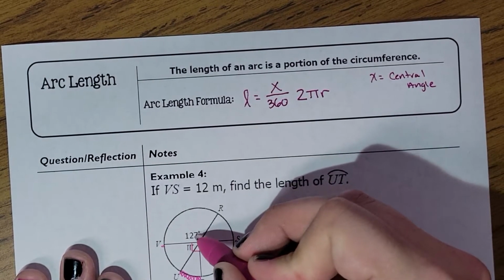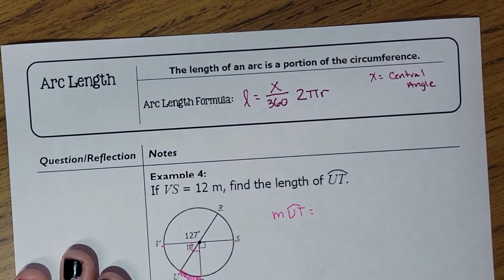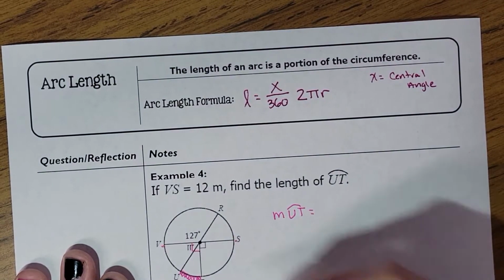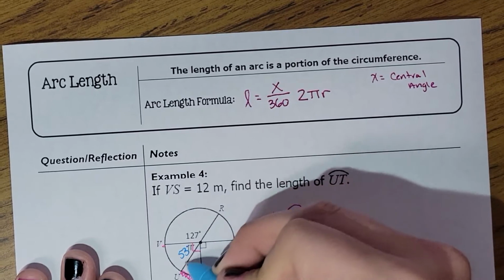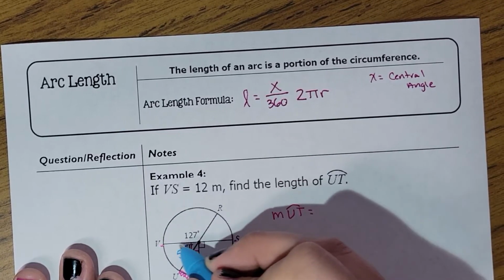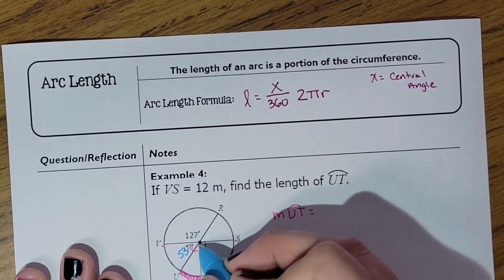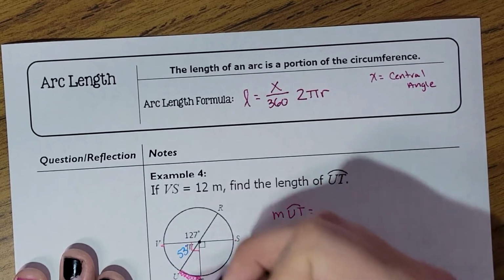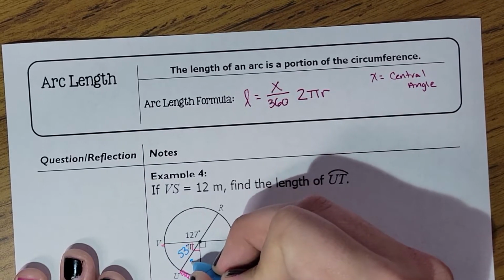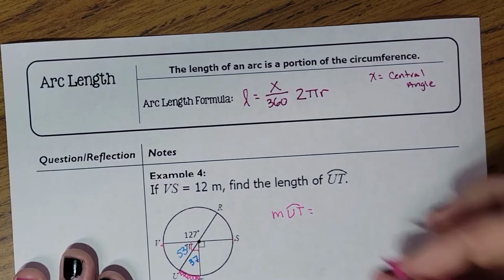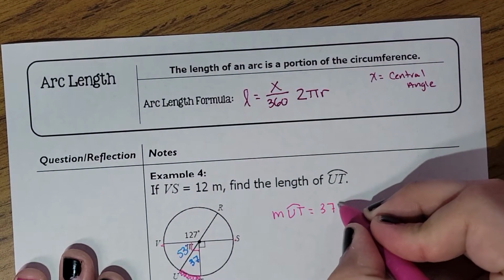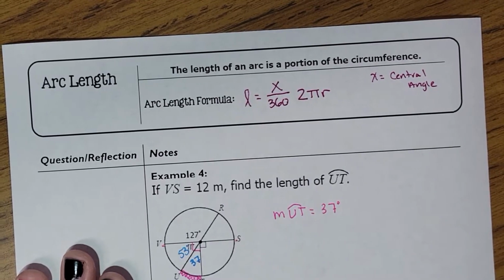So I can take 127 and subtract it from 180, and I'm gonna get 53. So I know this angle is 53 degrees. And now I can make this add up to 90 because I'd take 90 and subtract 53 from it, and I would get 37. So now I know the measure of arc UT is 37 degrees.